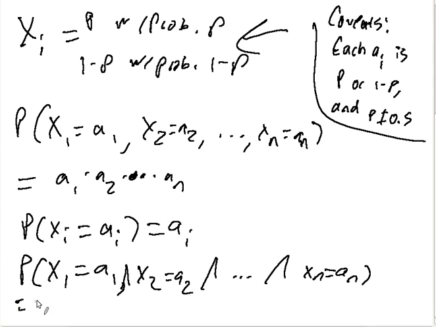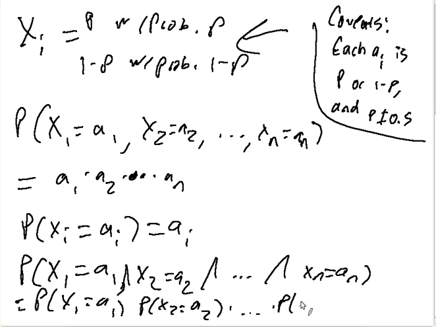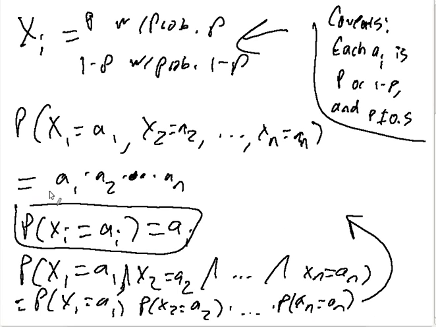Well, by independence, this is the product of these individual probabilities, which, by what we've just seen a second ago, is equal to the product of the a sub i, as we were supposed to show it was equal to. So there you have it. That's all there is to it.